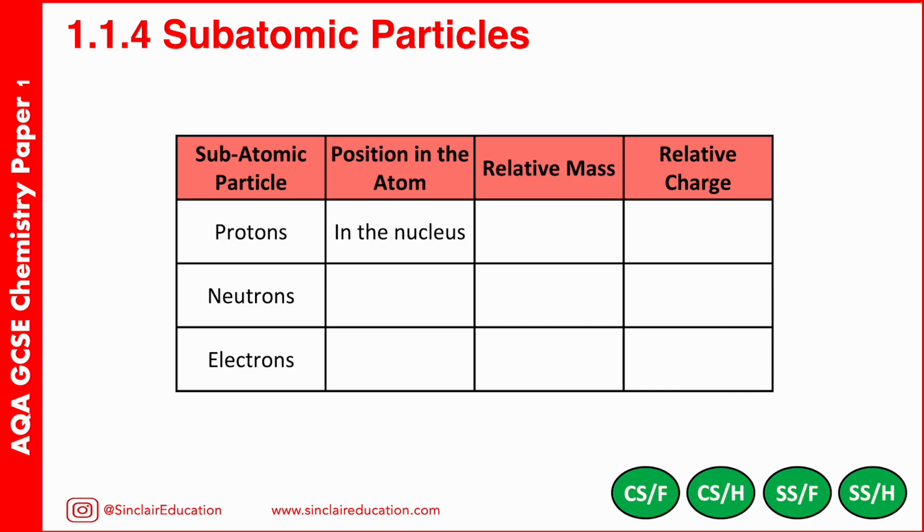So the protons are in that nucleus with a mass of 1 and a charge of +1. Neutrons also found in that nucleus have a mass also of 1 but no charge. Electrons are in electron shells around the outside with a very small mass, you could say tiny. We'll try and volunteer the actual comparison, but very small for AQA is often enough. And the charge is going to be -1.